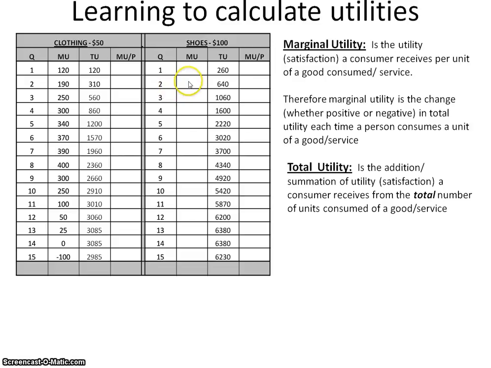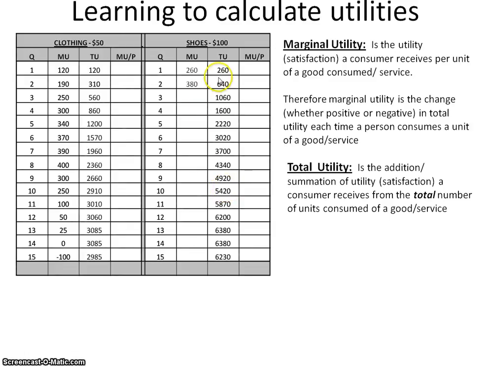With regards to the shoes, remember, if the total utility column simply looks at the changes in marginal utility, it's very easy to calculate the marginal utility column. For the first unit, your marginal utility for shoes will be 260 because before you consumed, your total utility would have been 0. So if your total utility would have been 0 before you consumed your first unit, it means that the marginal utility after your first unit is going to be 260.